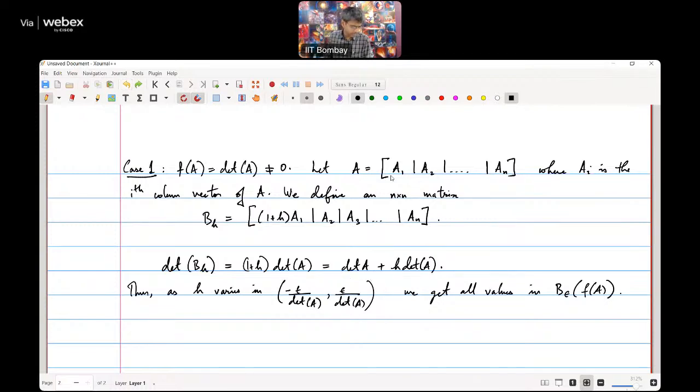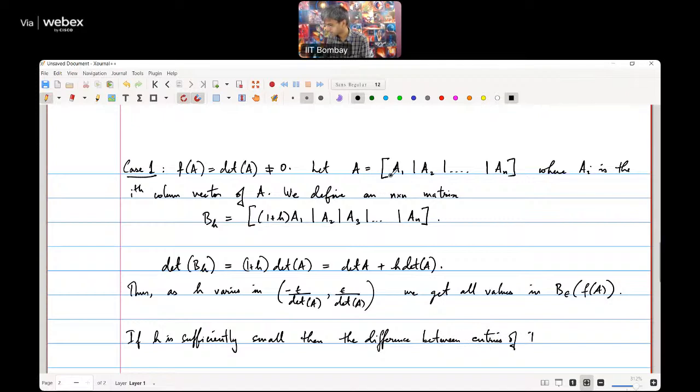Okay, and if epsilon is sufficiently small, or if H is sufficiently small, epsilon or H doesn't matter, then when we look at the difference between entries of BH and A, they are small, right?